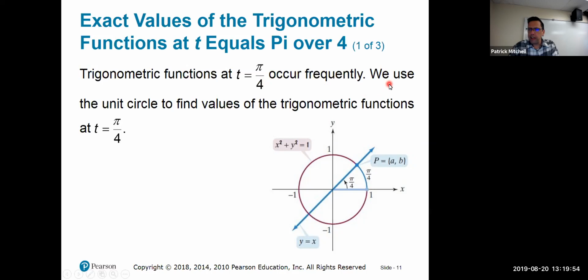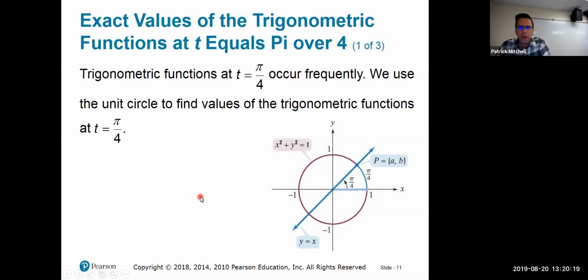They want us to use this unit circle to find the values of the trigonometric functions at t equals pi over 4. When you find the sine of pi over 4, you're finding the y coordinate of this point, and when you find the cosine of pi over 4, you're finding the x coordinate of that point.